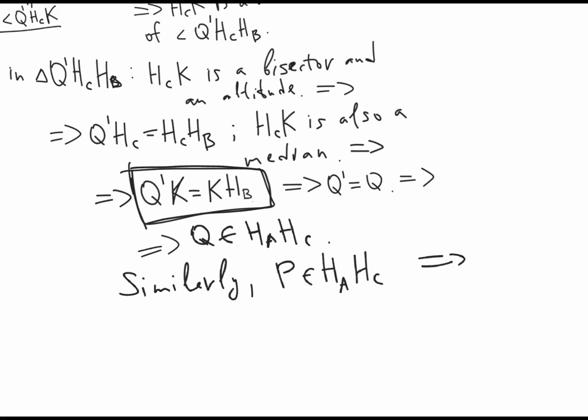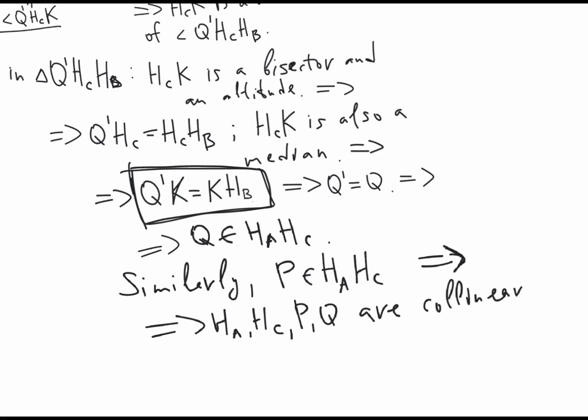And now this means that all these 4 points, HAHC, P and Q, all 4 of them are collinear. Yeah, and this concludes the proof.